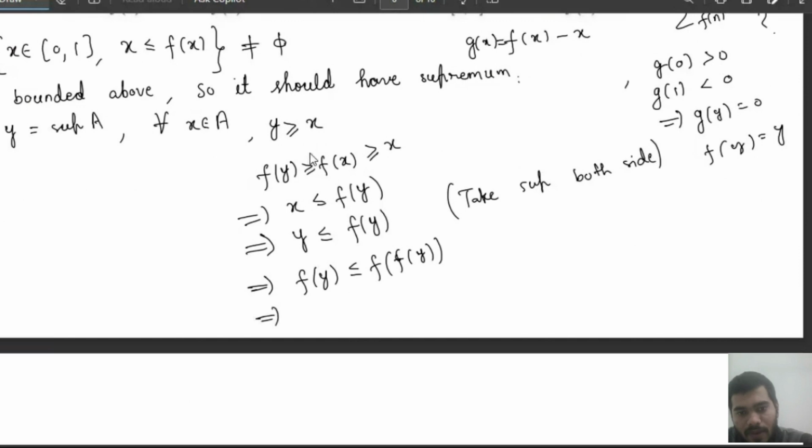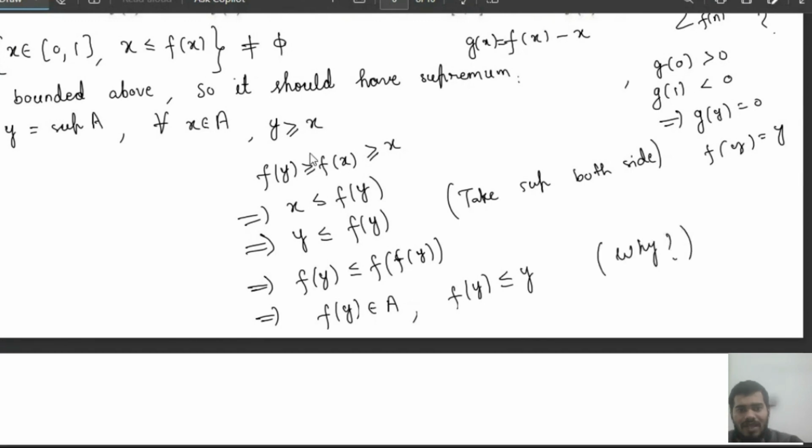It implies that f(bi) belongs to A. Correct or not? Correct. So if f(bi) belongs to A, then it will imply f(bi) is less than or equal to bi. Why? Because bi is the supremum we took. This is 1. This is 2.